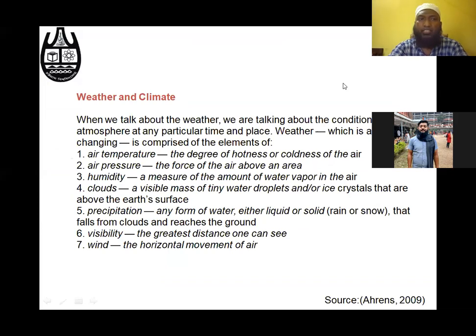So weather is the day-to-day condition. On the other hand, climate is an average over many years. For example, it can be an average of at least 25 to 30 years of any components of the weather. So we can say climate is an average of weather.